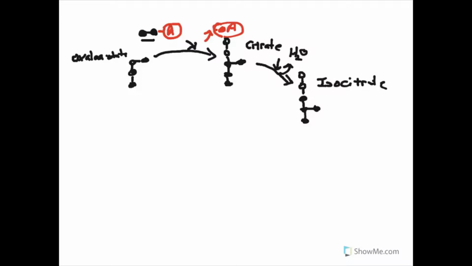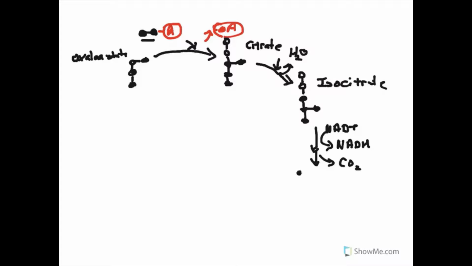Then what we're going to do with our isocitrate, we are going to take an NAD plus molecule, and we're going to make an NADH. Remember, these are like poker chips that can be cashed in later for money. And also in this process, we lose some carbon dioxide. That means one of the carbons that I have on my black skeleton here is going to have to be removed.